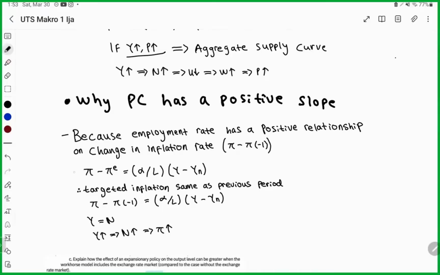All right, with the assumption of targeted inflation the same as previous periods, we found this equation. And from here, because we assume Y is equal to N, which means if Y increases, this one increases, and will increase, then inflation will increase.